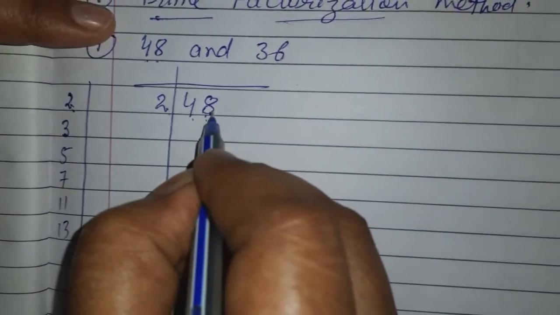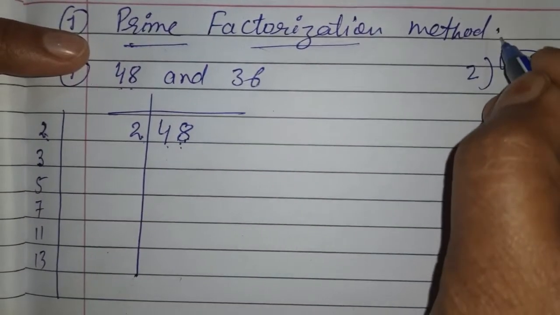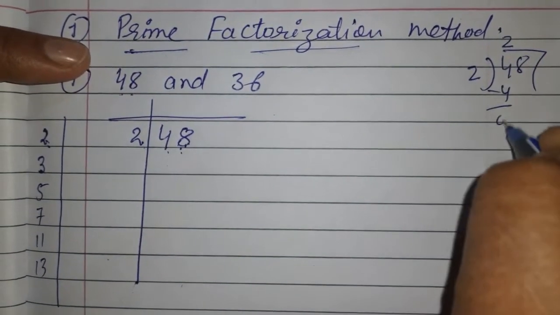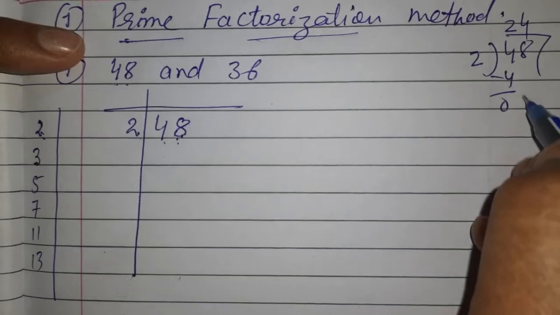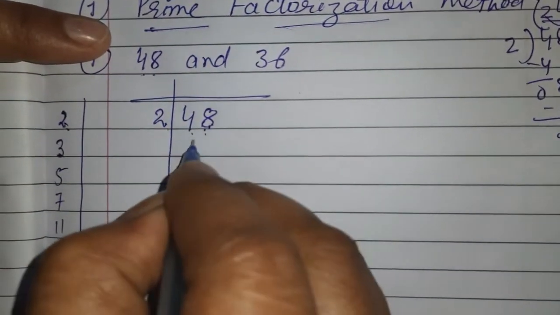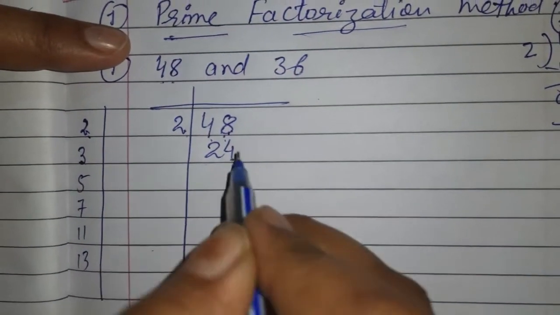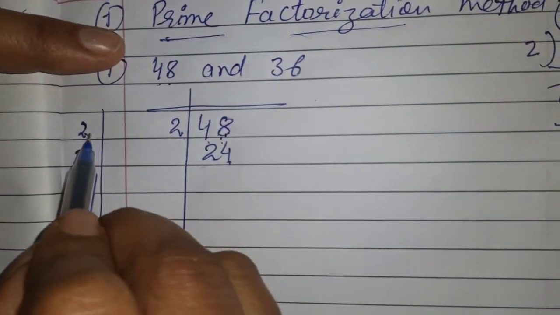When you divide 48 by 2, 2 2s are 4, and 2 4s are 8. So you get 24. Again, is 24 divisible by 2?